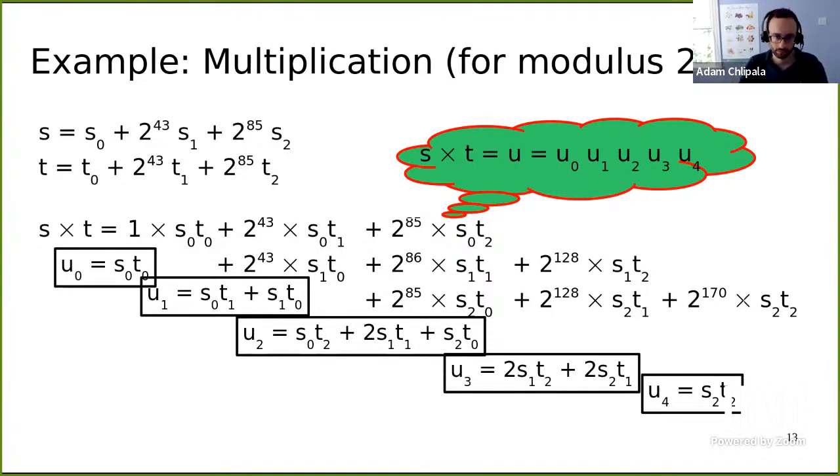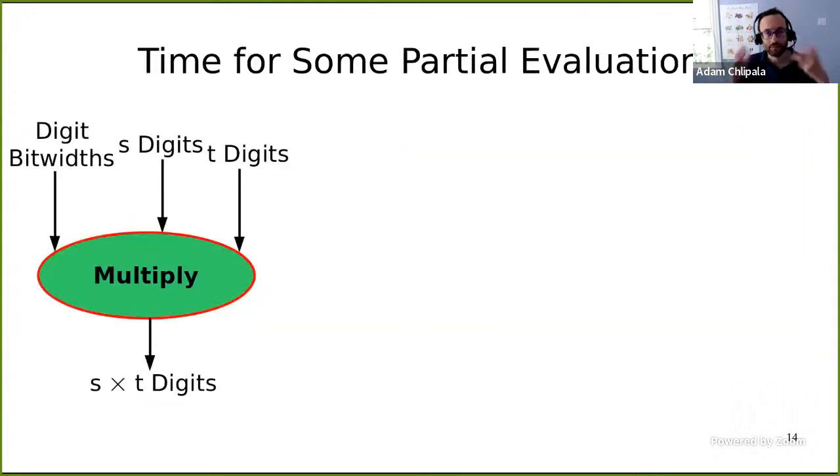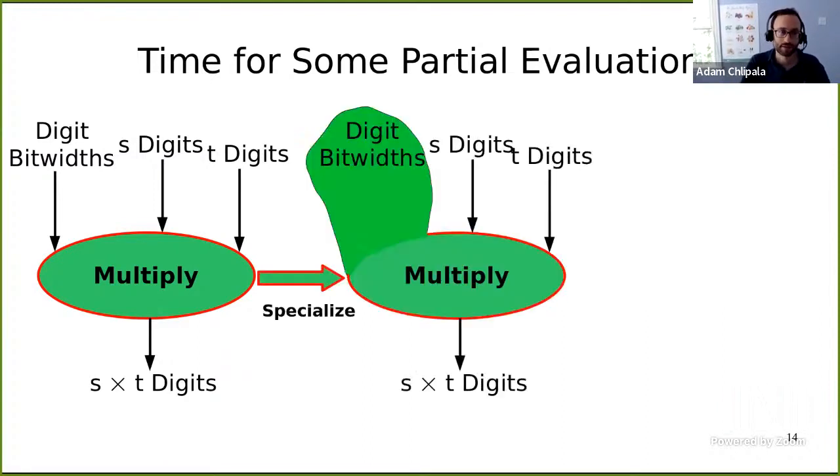Okay, cool. So once we have the library of arithmetic routines, we can first understand each one as having a bunch of inputs, some of which we can see as compile time, like the digit bit widths, and some of which we can see as runtime, like the actual digit values. Then we can try to specialize them to particular compile time parameters, effectively fusing those into the code.